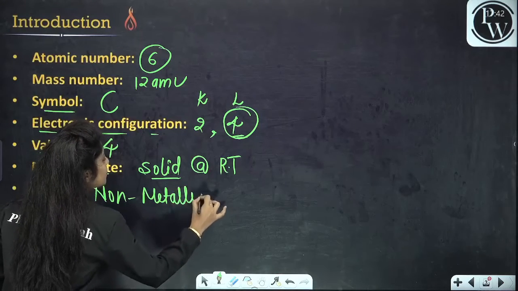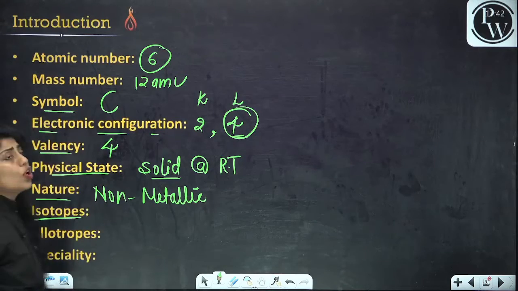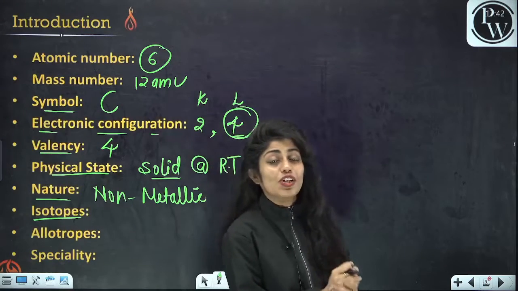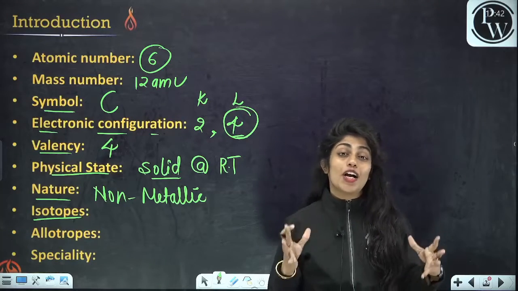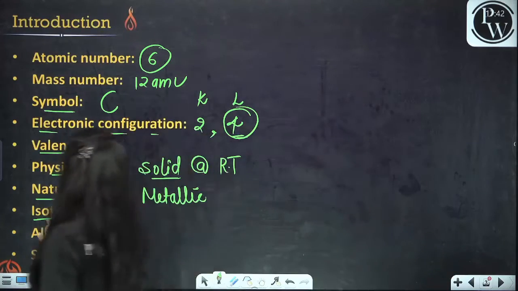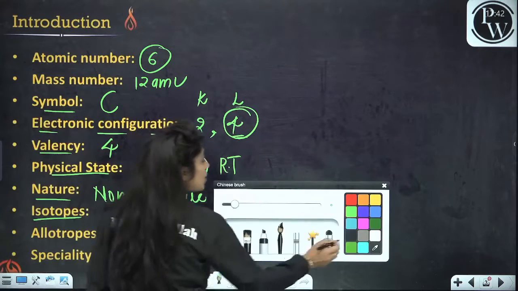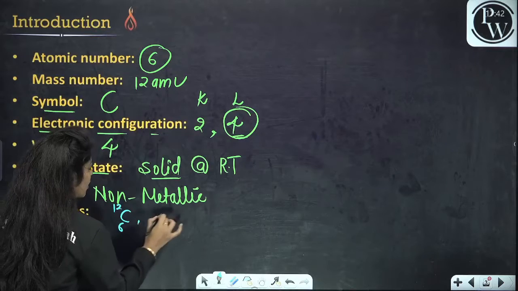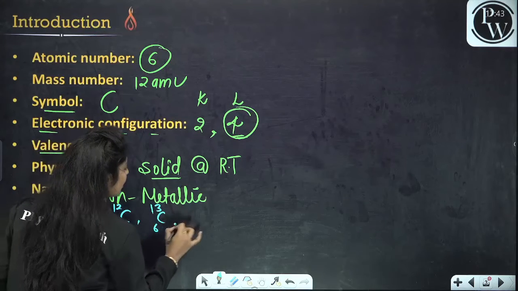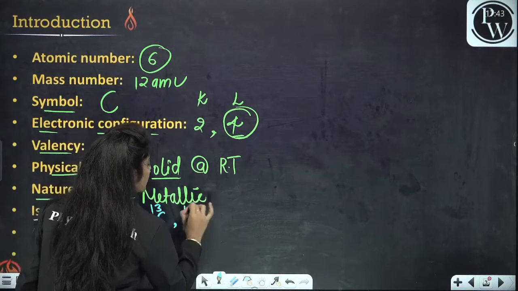Next we have isotopes. The species which have the same atomic number but different atomic masses are known as isotopes. Carbon has 3 isotopes. Let me write it for you: carbon 12, carbon 13 and carbon 14. Good.